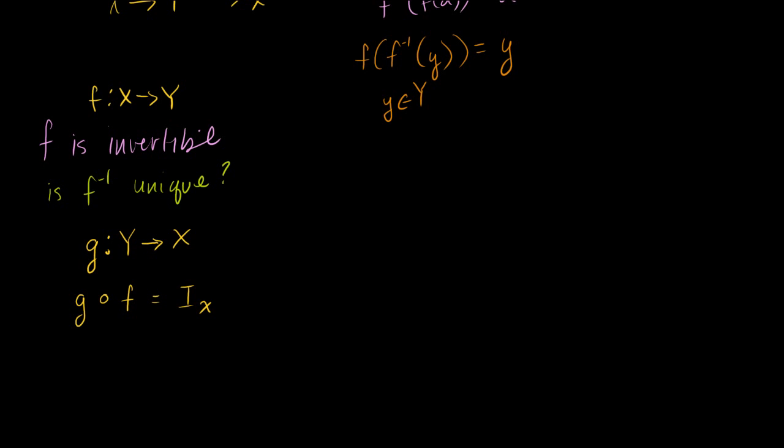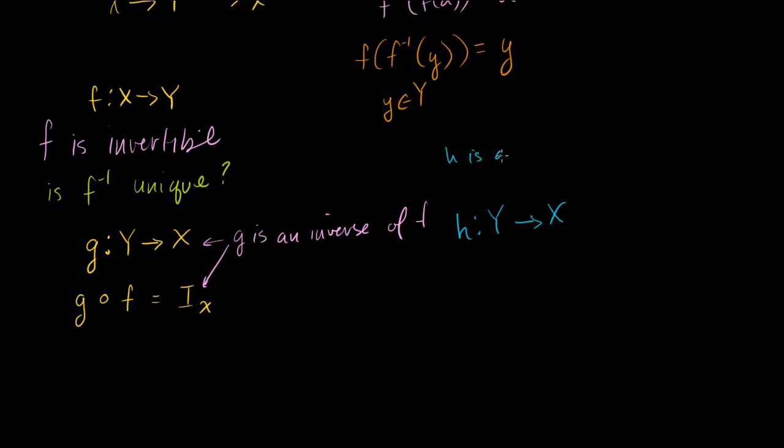This was part of the definition of what it means to be an inverse. So I'm assuming that g is an inverse of f, and this assumption implies these two things. Now let's say that h is another inverse of f.